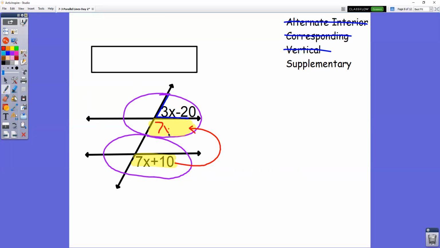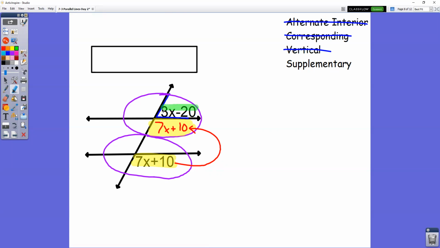So now I have 7x plus 10 right there because of corresponding angles. Corresponding angles said that these two yellow angles are exactly the same because they're in the same spot. So I can move this angle up to be here, and now these two angles are right next to each other. Now they're supplementary.